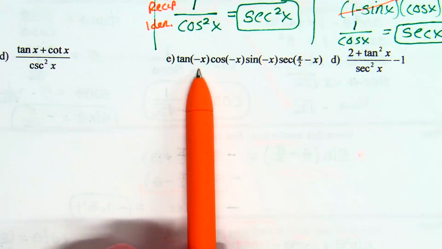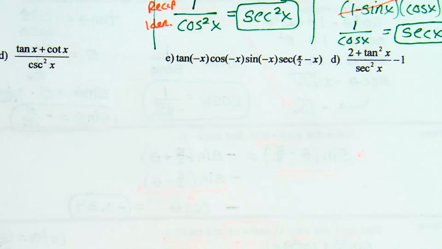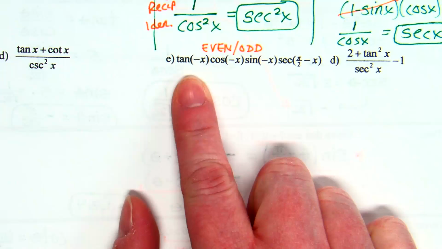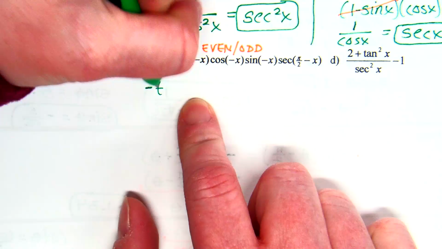Flip over to your identities. Where did we have negative x's or negative thetas? So we need to look at our list and see what our even odd identities do for us. Tangent of negative x, according to our even odd list, is equal to what? Negative tangent x.